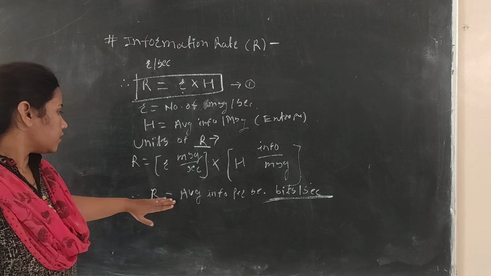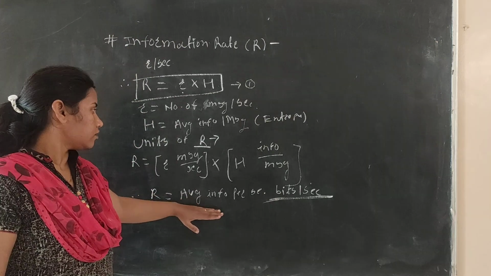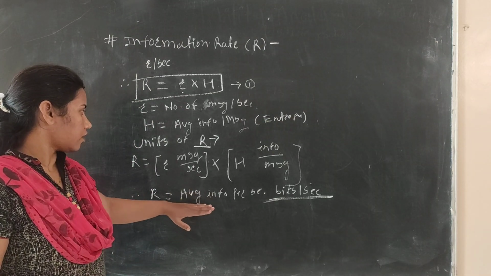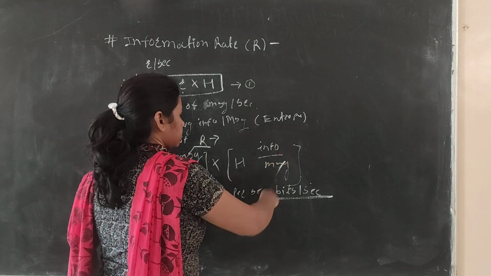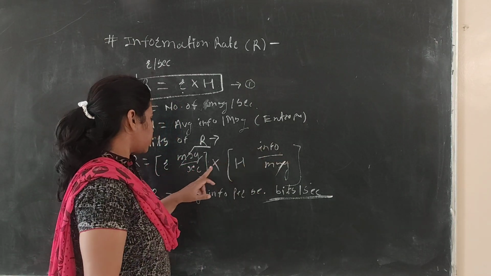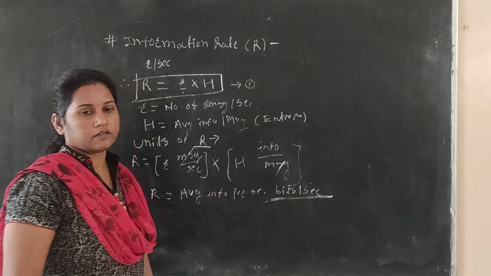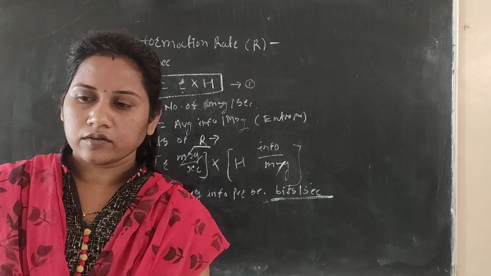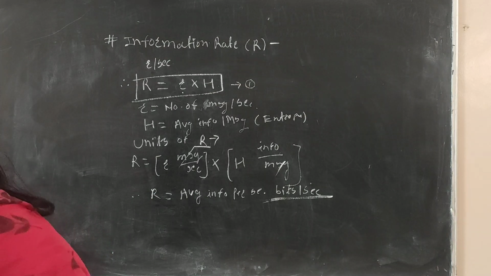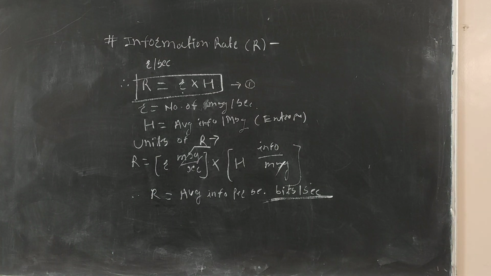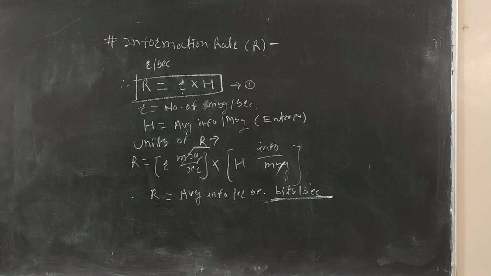That's why in the average information per second, messages get cancelled. Average information per second is nothing but bits per second. In this way we can remember the unit of each quantity for the information rate. Okay, that is the formula.